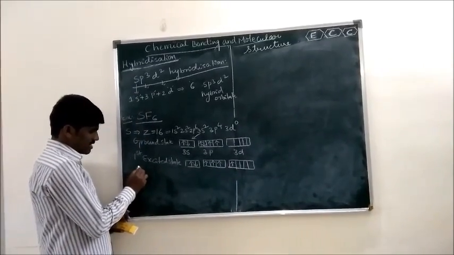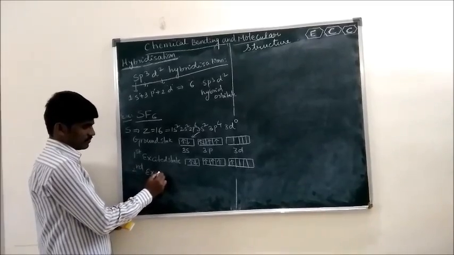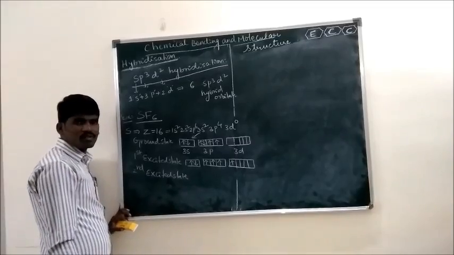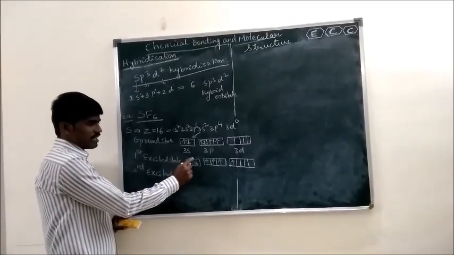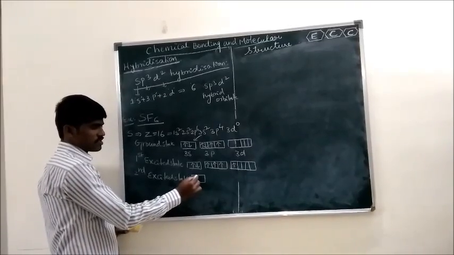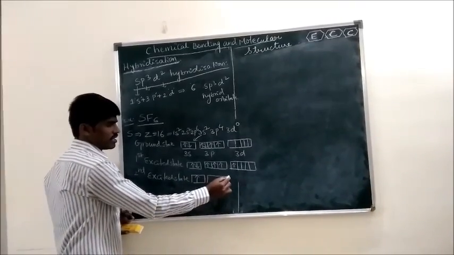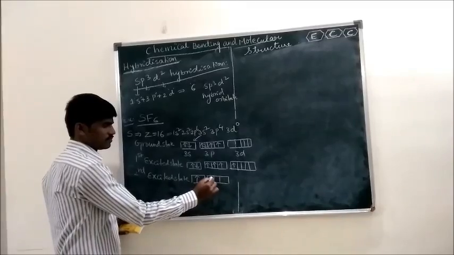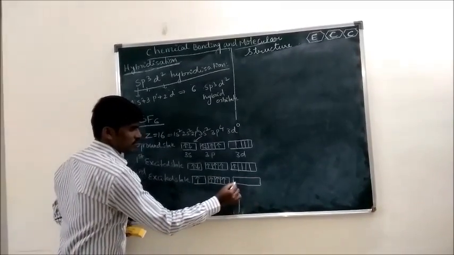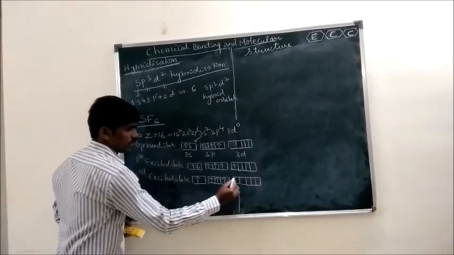Now if we consider the second excited state, what will happen, students? This 3s electron is also promoted to 3d. Then 3s becomes 1, 3p becomes 3, and 3d becomes 2.